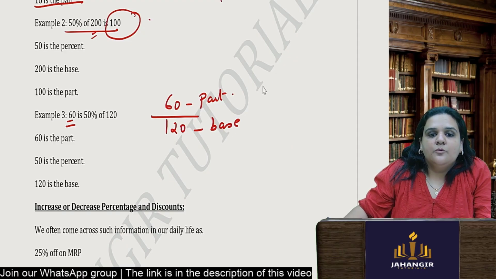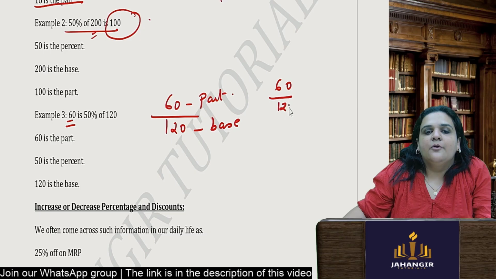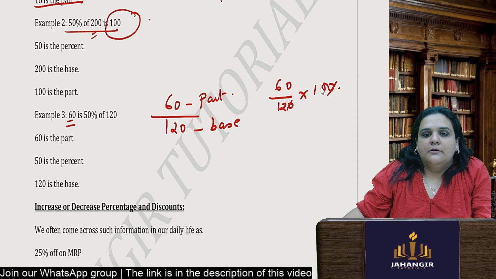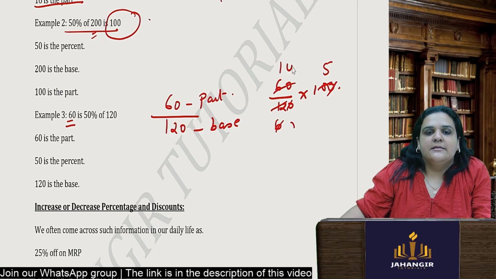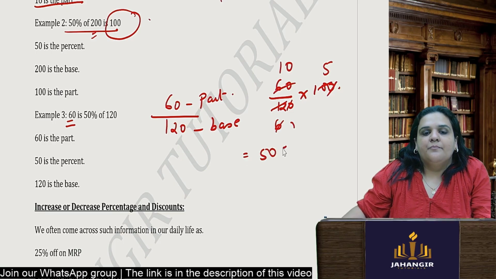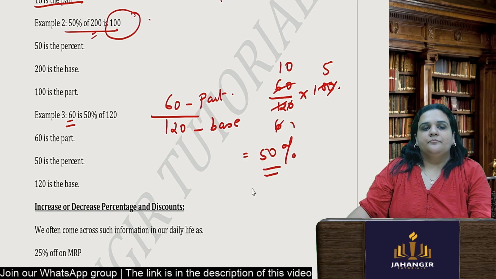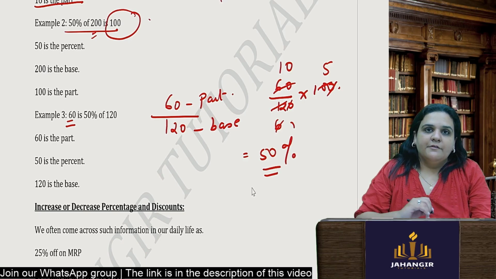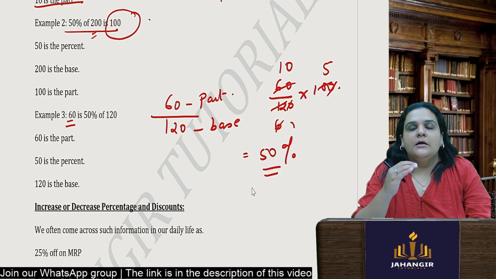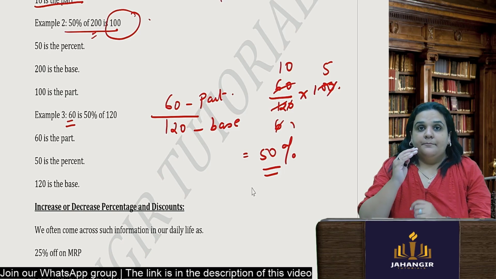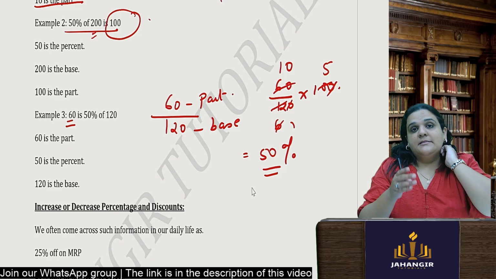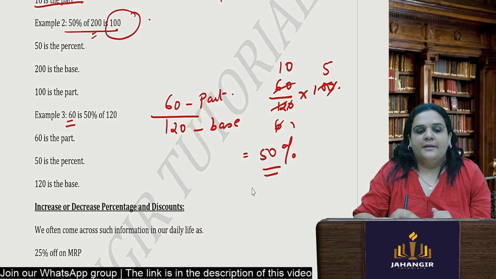So when you do 60 divided by 120 and you try to find the percentage, 2 6s are, 2 5s are, 6 1s are, 6 10s are, 50% will be the answer. So I am solving the sum and also explaining the value, the parts, the variables, the percentage, the part and the base.